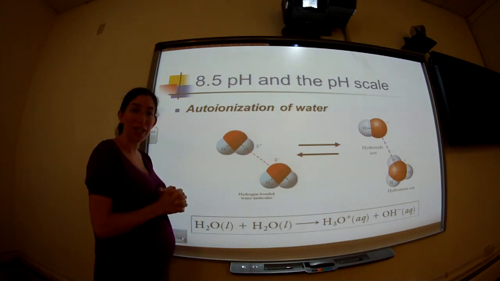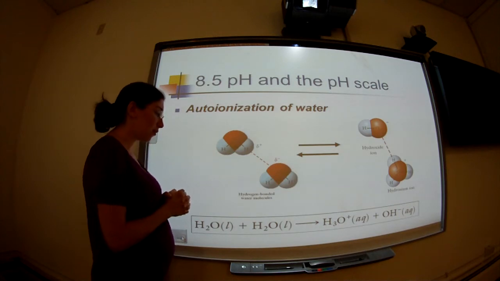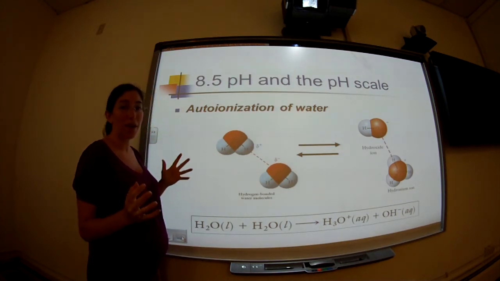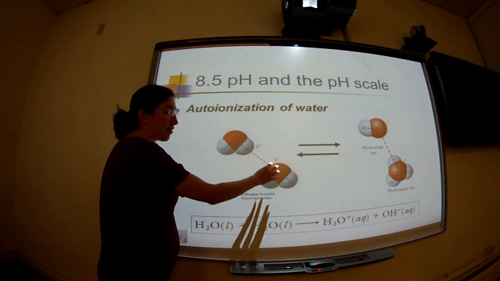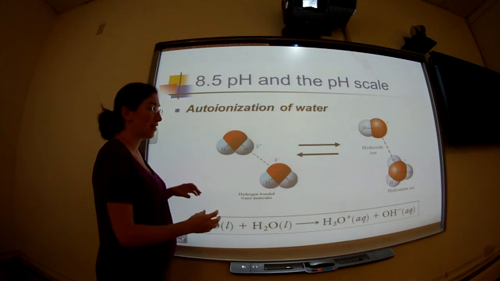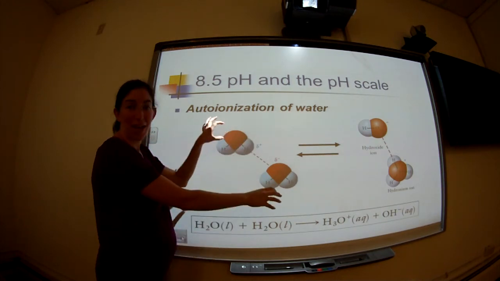And occasionally, very, very rarely, like 1 in a million or 1 in a billion water molecules, that hydrogen bond will actually physically become a covalent bond.